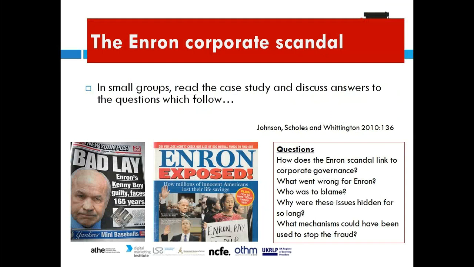The Enron collapse scandal can be done in a small group in a class-based environment. You can ask the questions: how does the Enron scandal link to corporate governance? What went wrong at Enron? Who was to blame, and why were the issues hidden for so long? What mechanism should have been used to stop the fraud?